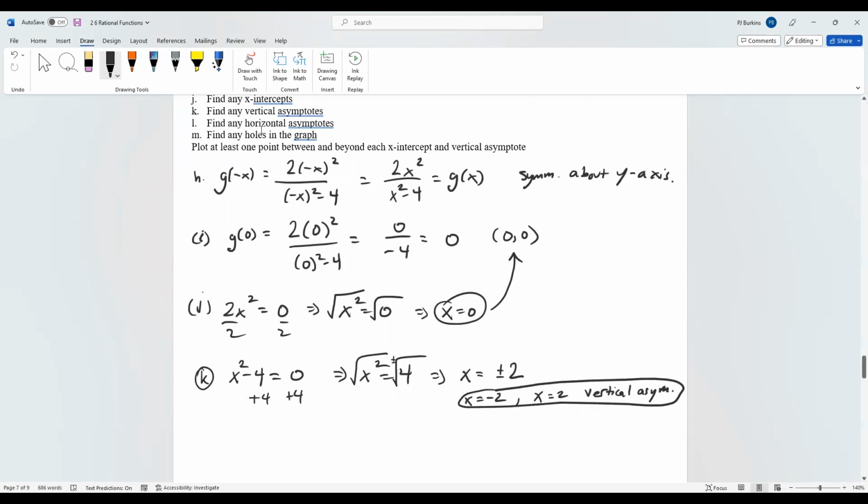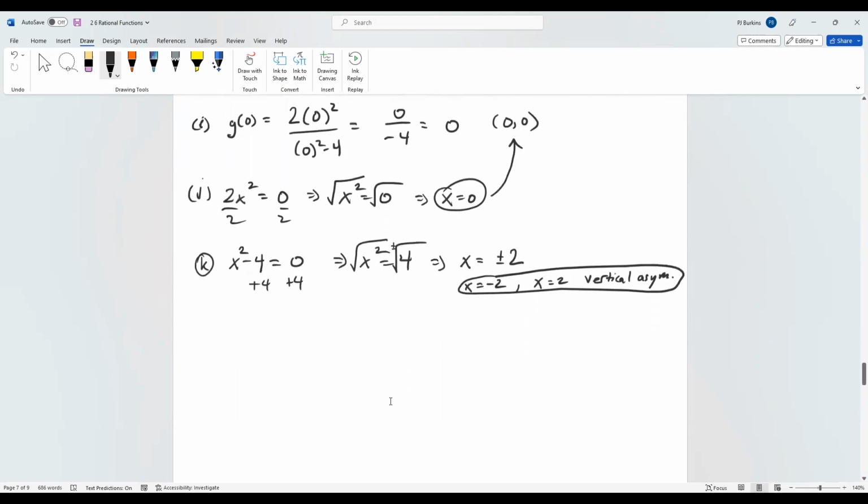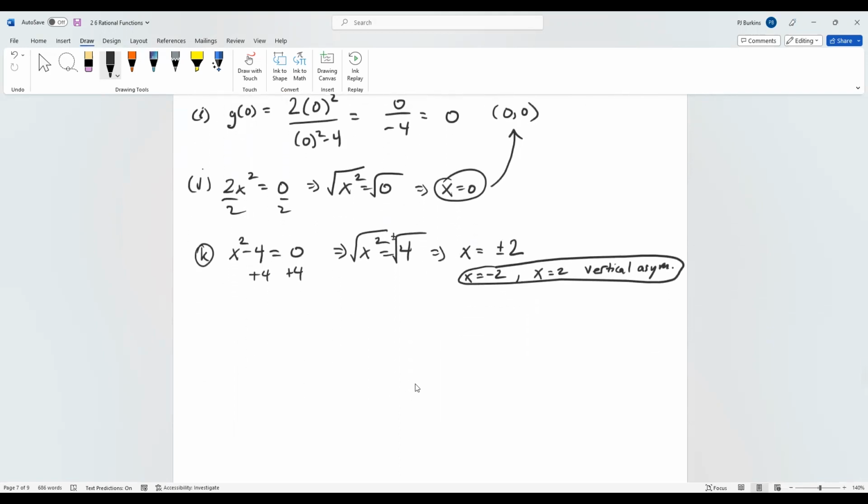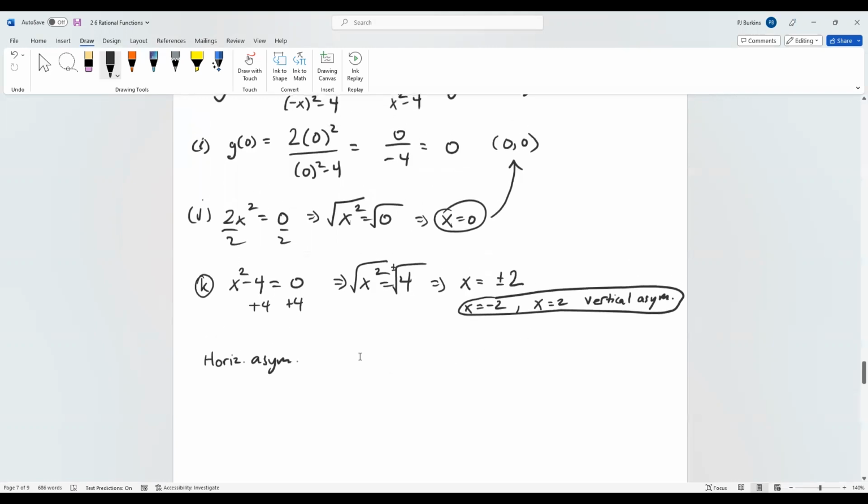We would like to find the horizontal asymptotes. So to do that, we need to compare the degrees. So remember, for the original function, we have 2x squared over (x squared minus 4). So the degree of the numerator is 2.